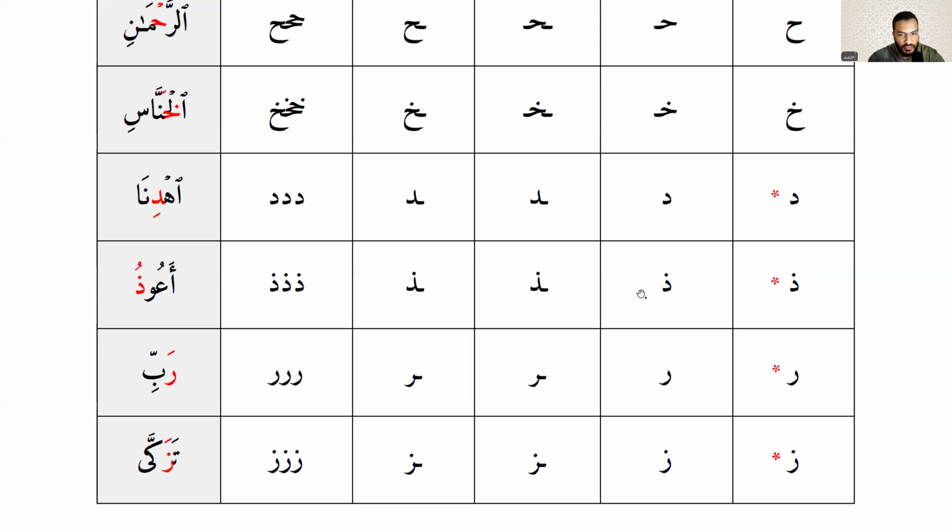But what's the difference? The difference is zal doesn't connect to the letter coming after it. So if you look at this shape, this looks exactly or almost exactly like the noon. How would you know the difference? Say there's a sin after it. In this case, this is zal, not a noon.